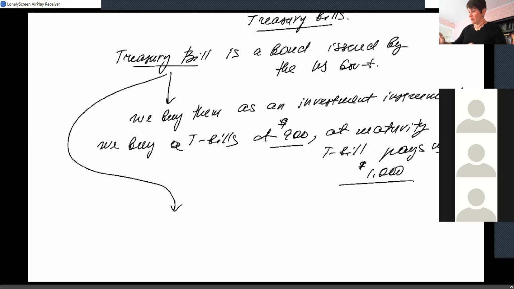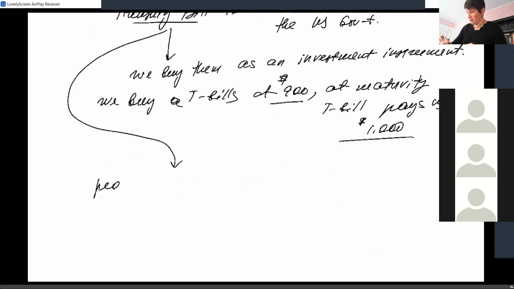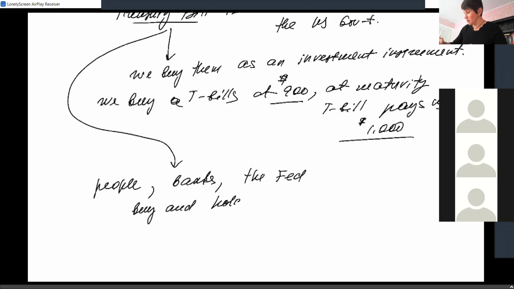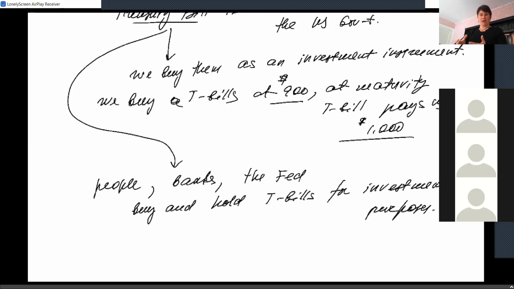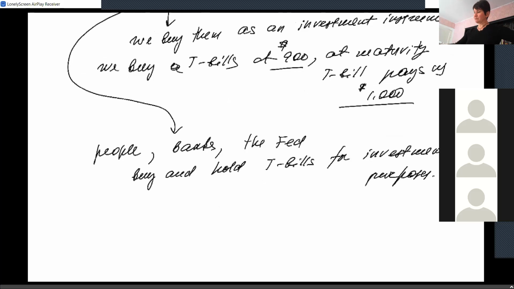So people like you and me, banks, the Fed, buy and hold T-bills for investment purposes. Okay? You buy a bill, you hold it until it matures, you get $1,000 back, right?